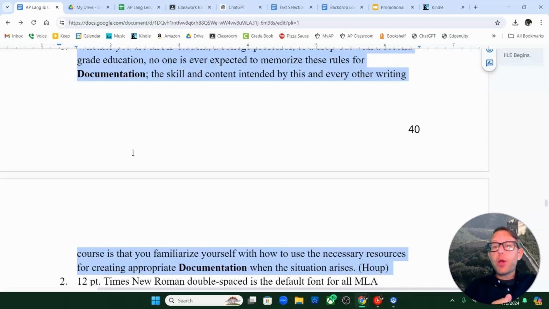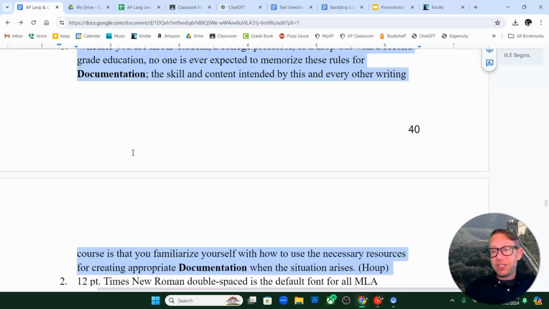In order to sell you a new copy of the MLA handbook every year, they change some rules. And so even if you did somehow manage to memorize how to do all 500 different works cited entries for a source, chances are they're going to change it a year from now, and everything that you memorize is going to be completely obsolete. So that's not something that you ever want to or need to do.